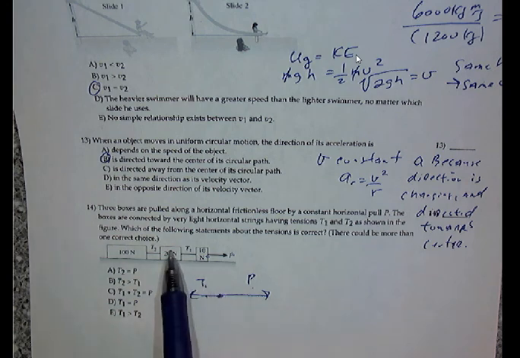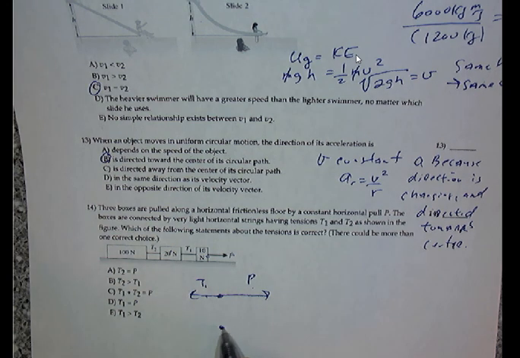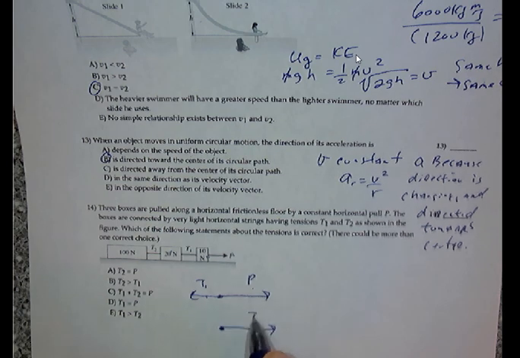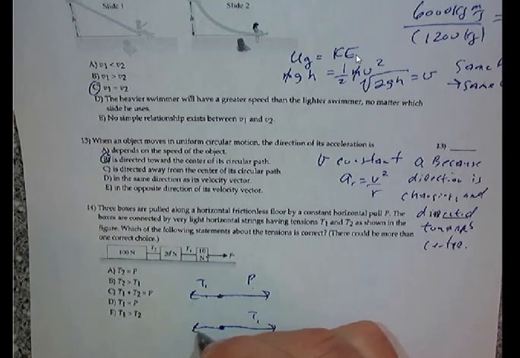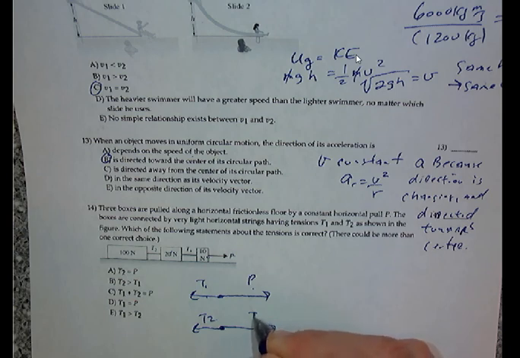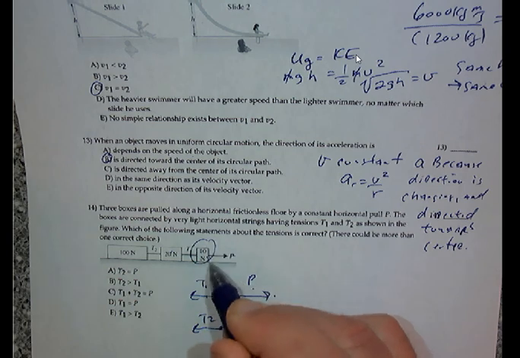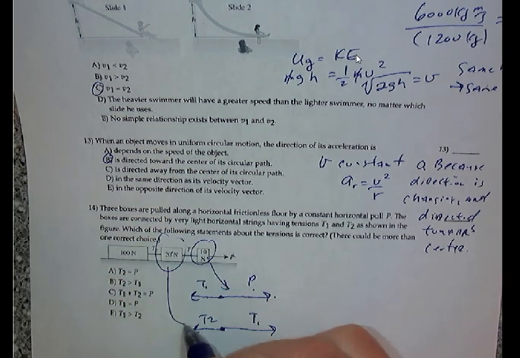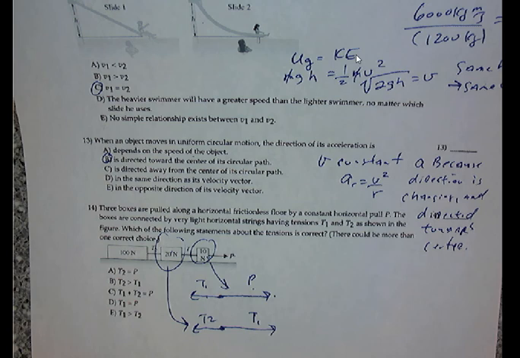Now if I look at the free body diagram for this one, I would have T1 and T2. This horizontal part of the free body diagram is for that one. So I know that T1 has to be bigger than T2 for this 20 Newton mass to be accelerating that way. Let's go through these choices and see if I can weed some of them out.